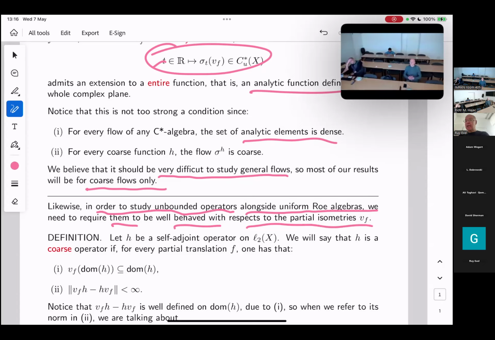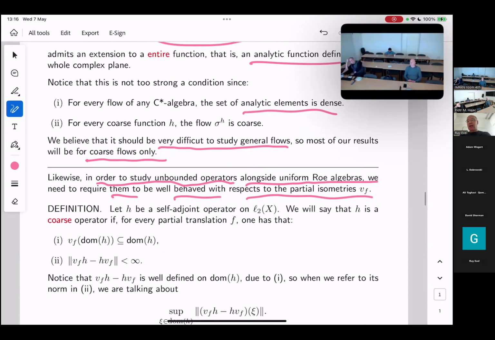And what do I mean by being well behaved? Let's say that H is a self-adjoint operator on L2 of X, and I'm going to say that H is a coarse operator if for every partial translation F, we have these two properties.